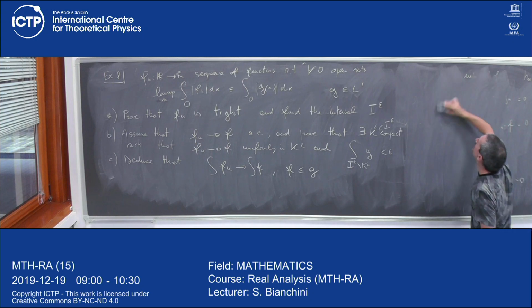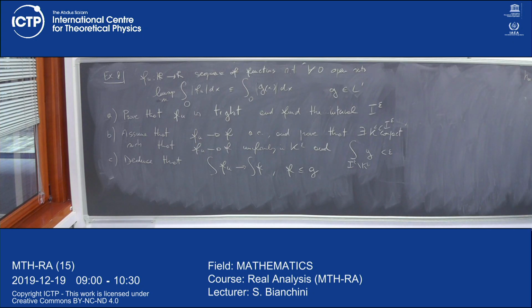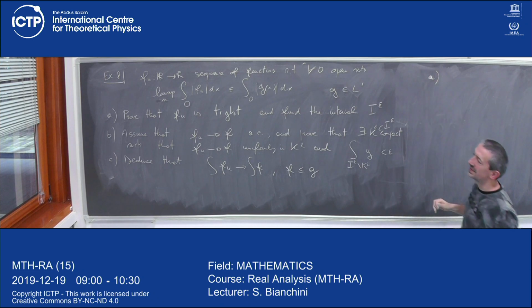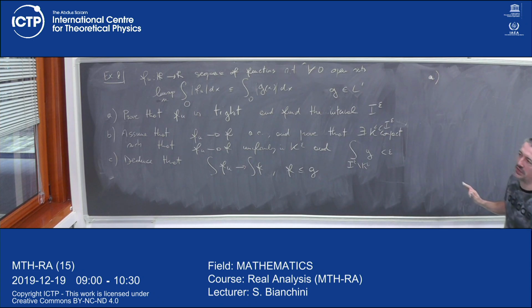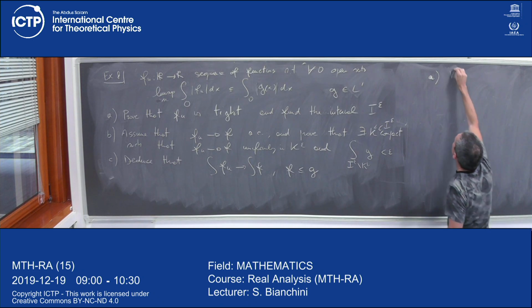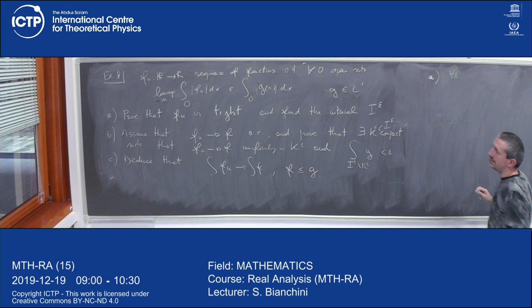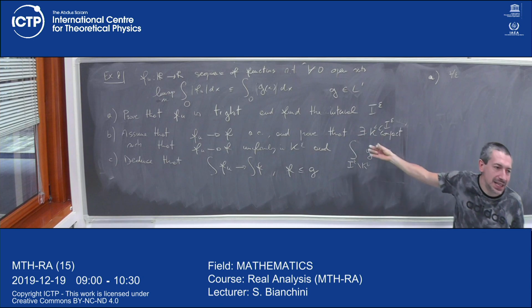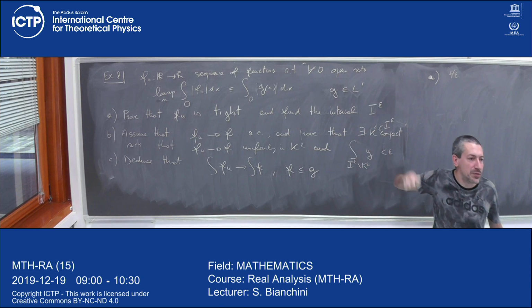Okay, so point A. Just the application of the definition of tightness, no? So for all epsilon, and actually the second point you can restate like Fn is uniformly integrable.